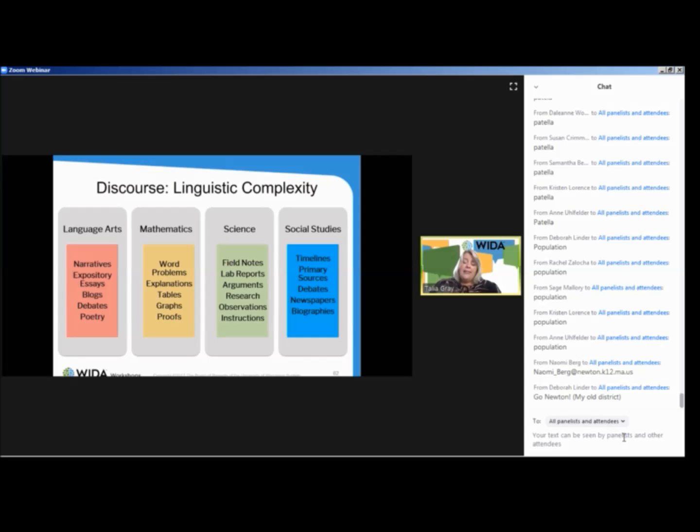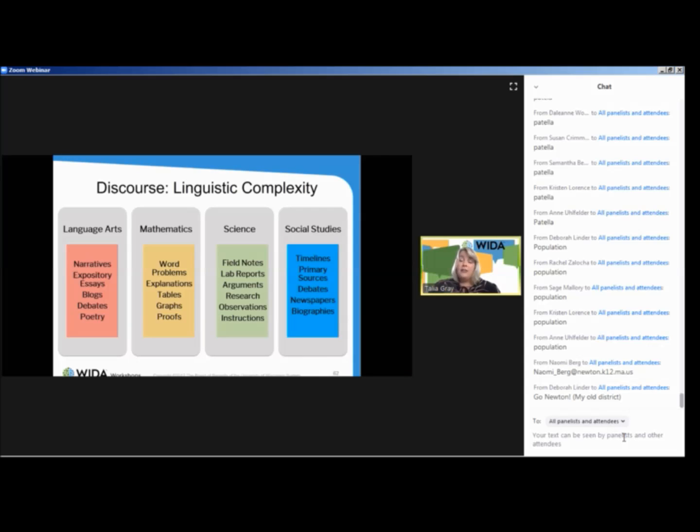This kind of shows the difference of writing based upon a purpose. If you look here in language arts, you have narratives, which are totally different from blogs, debates, and poetry. Expository essays are different as well. So you can see those differences in what a student writes. Also in math, word problems, explanations, tables, graphs, and proofs.